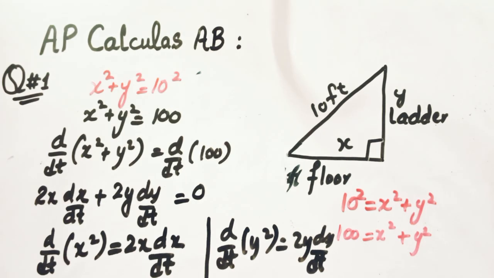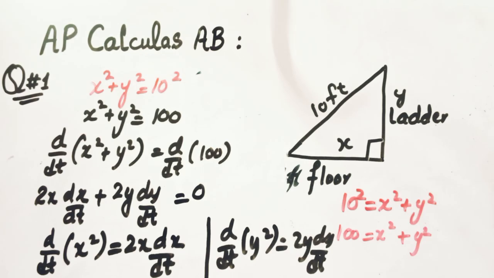This is where most students trip up, because x and y are functions of time t. We must differentiate the entire equation with respect to time t. The derivative of x square is 2x times dx by dt. So due to the chain rule, the derivative of y square is 2y dy by dt, and because 100 is constant, its derivative equals 0.